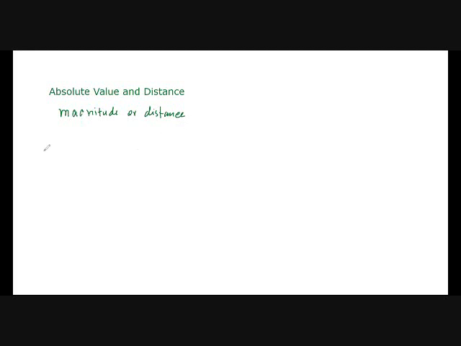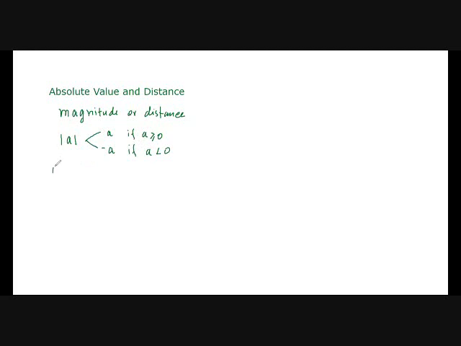We have the definition of absolute value. If we have absolute A, we have two conditions. Absolute A equals A if A is greater than or equal to 0. Absolute A equals negative A if A is less than 0. This is the definition of the absolute value.